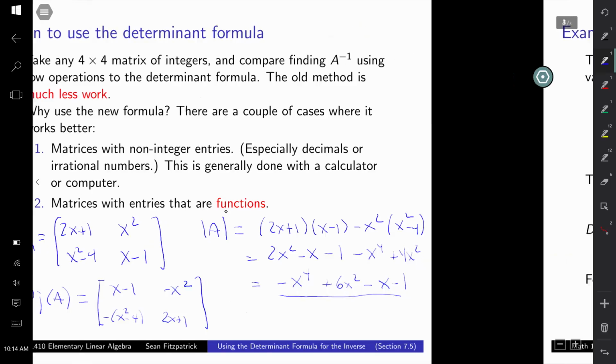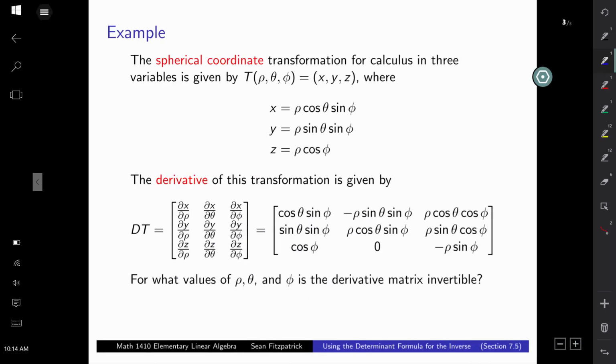Okay. Here's another example. This is one you might see in Calc 4, or maybe in a physics class. You've got a problem in 3 dimensions where you want to transform into what are called spherical coordinates.